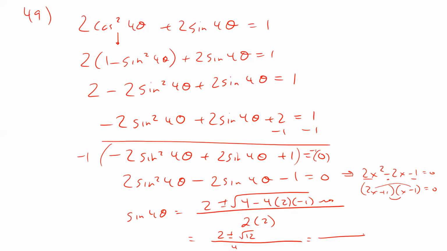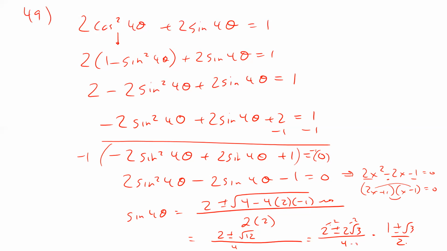And Rylan, can you factor out my 12 for me to get perfect squares out of it? So 2 root 3, perfect. And I can reduce these guys here, by 2 by 2 by 2, and I got myself 1 plus or minus root 3 over 2.